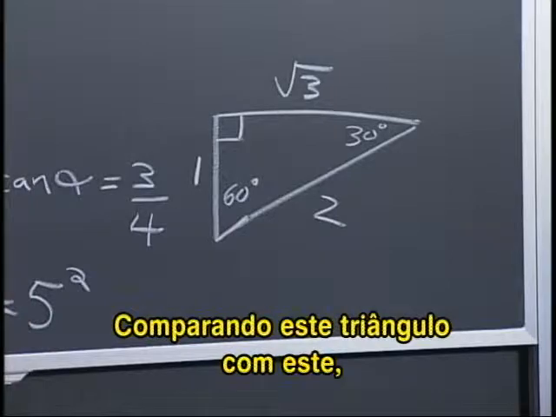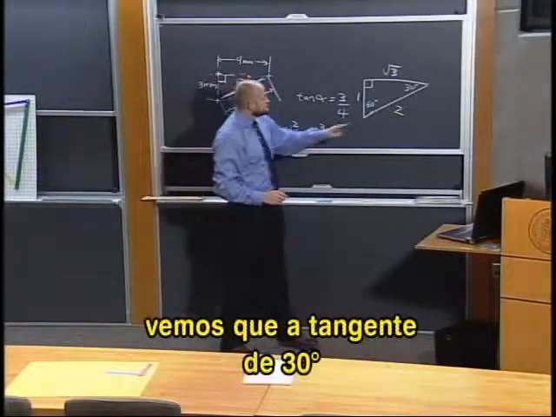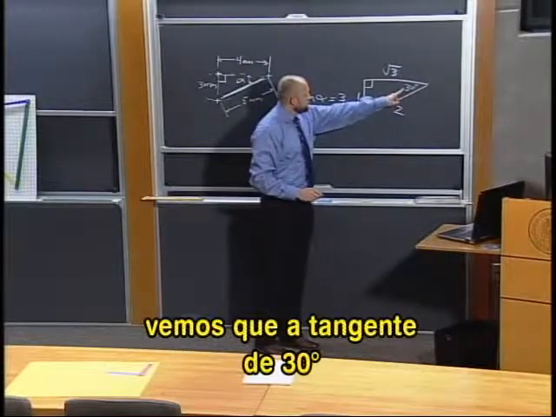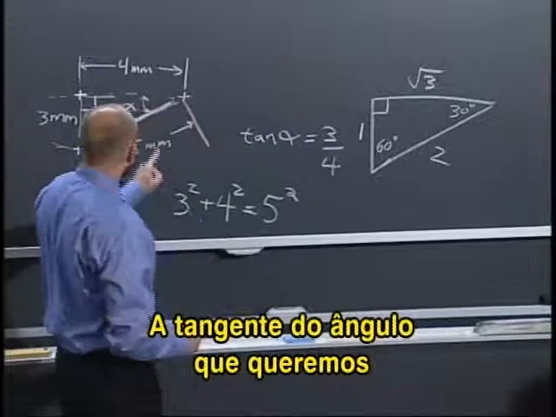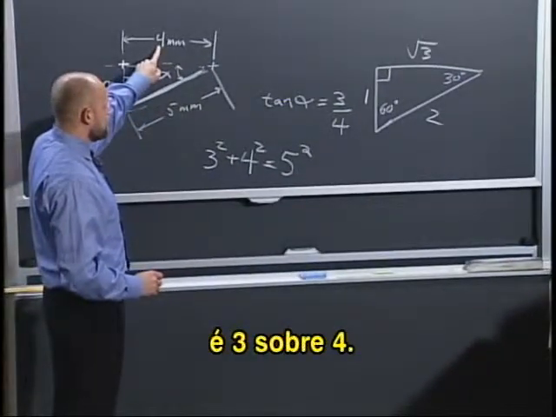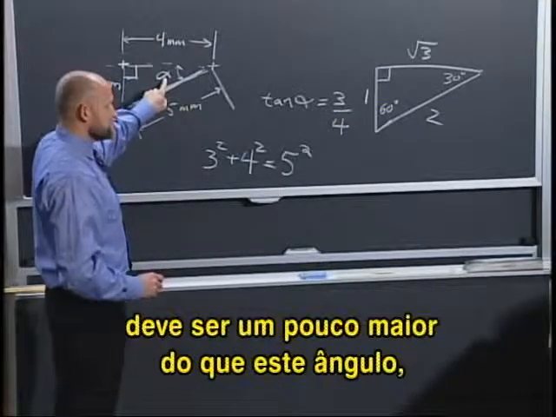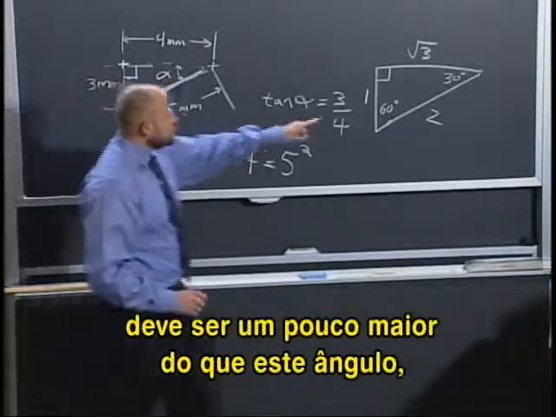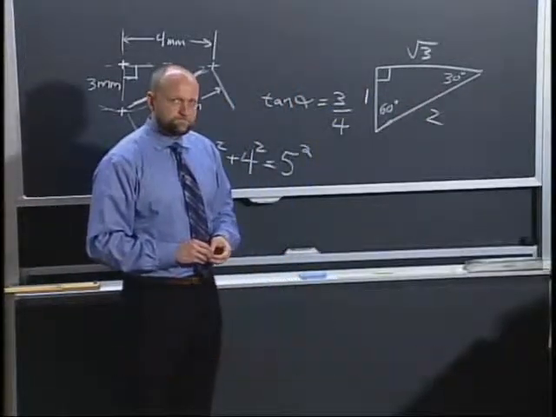So making a comparison between this triangle and this triangle, the tangent of 30 degrees is 1 over the square root of 3. The tangent of the angle we're concerned with is 3 over 4. So making the comparison, this angle should be just a little bit larger than 30 degrees.